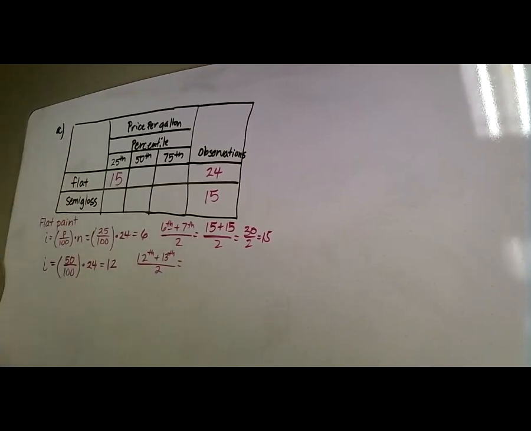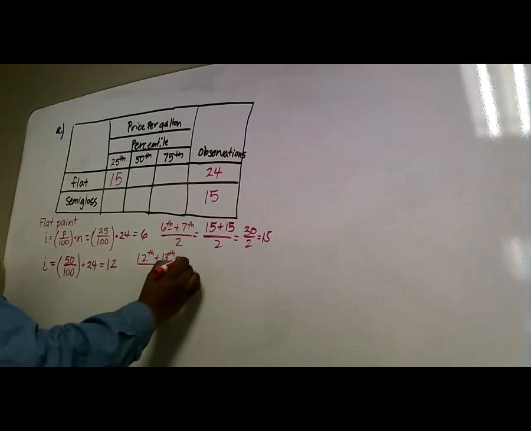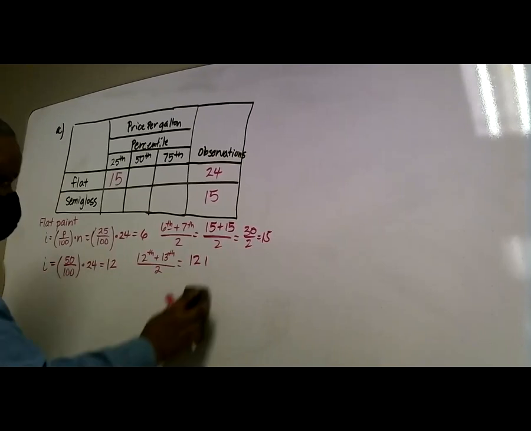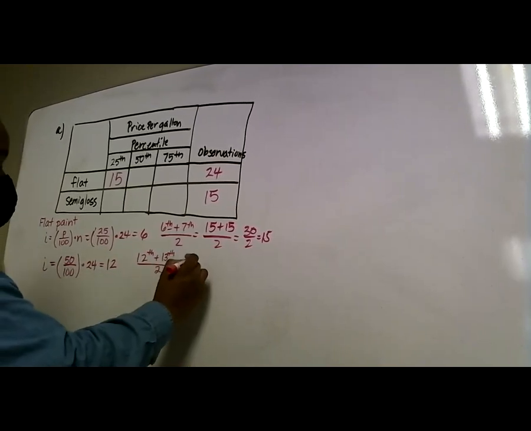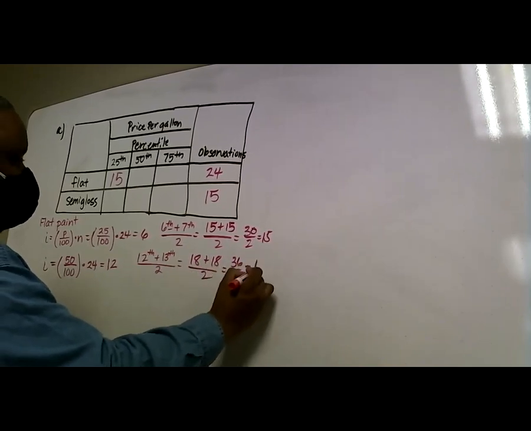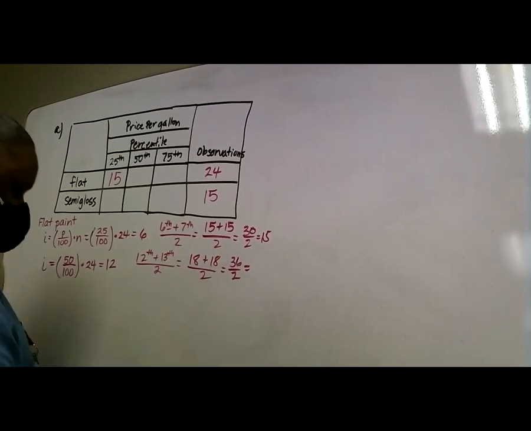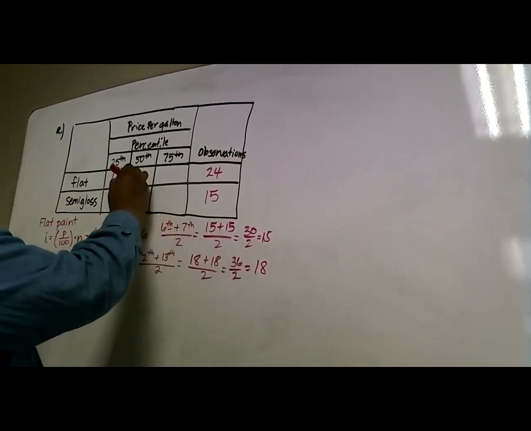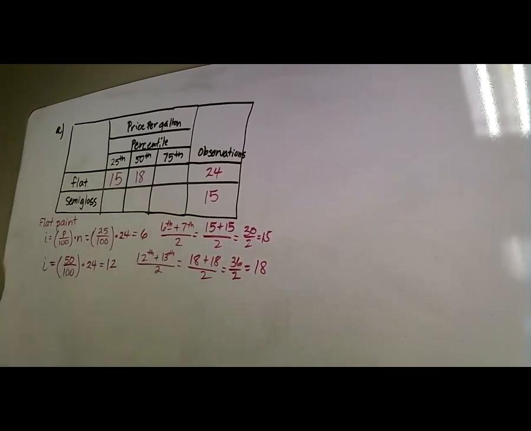Okay, so here, they're both 18, because that's the 8, 9, 10, 11, 12, and 13. So it's going to end up being 18, because that's 36 over 2, which is 18. So the number 18 is the 50th percentile, which, by the way, is also the median of this data set. That's 50 over 100.